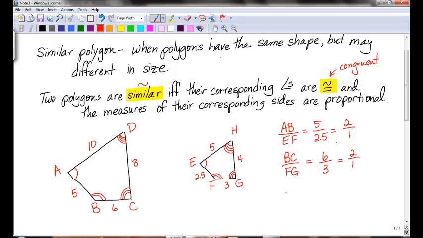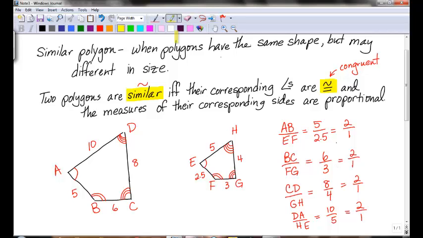They all have to reduce. CD and GH, the order that I'm writing these should be the same, and it's 8 to 4, and you reduce it 2 to 1. And then the last one, DA is in a ratio to HE, and it's 10 to 5 and 2 to 1.